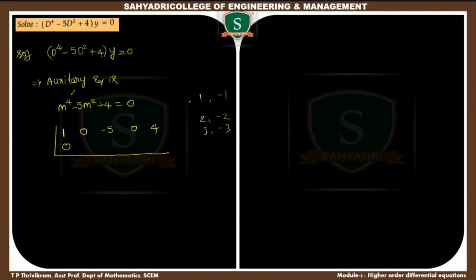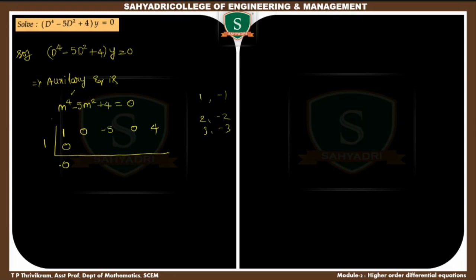So substitute 1. What happens? 1 power 4 minus 5 into 1 square plus 4. 1 plus 4 is 5, minus 5, 0. So it is satisfying. So m equal to 1 is 1 root.